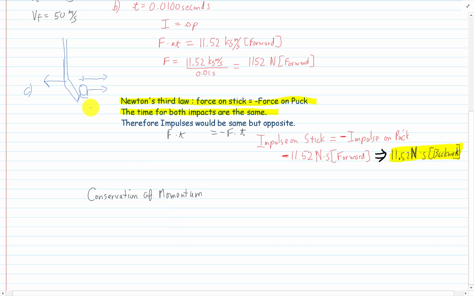There's a collision happening here, but that means the change in the momentum of the puck plus the change in the momentum of the stick would have to equal 0. There cannot be a total change in momentum because momentum is conserved. So if this is going to be positive 11, then this has to be negative 11.